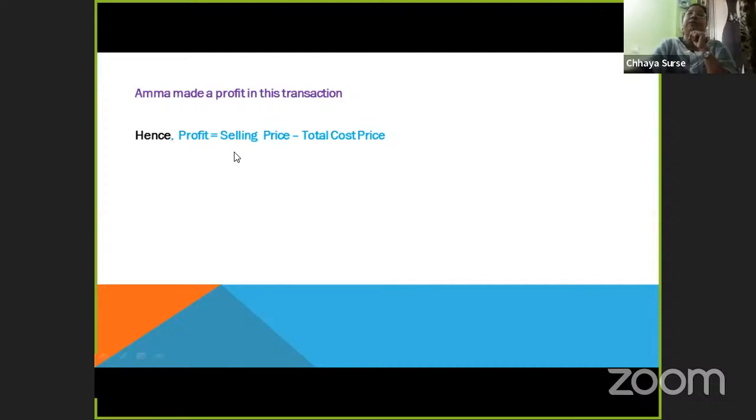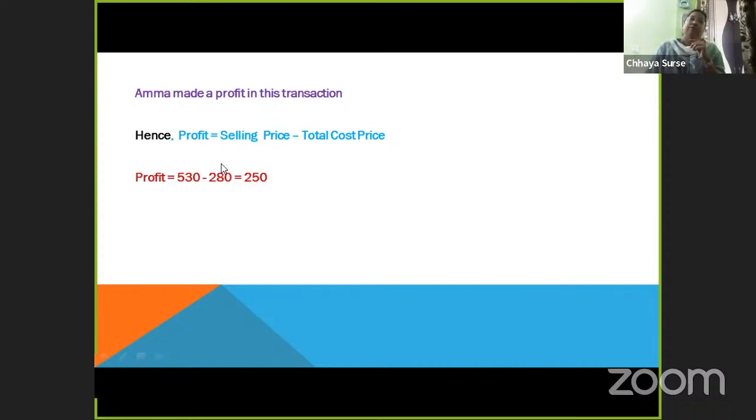But how many rupees profit? Now we find it with the help of the formula. This is the formula of profit: profit equals selling price minus total cost price. Because here Amma invested money for making idli, the total cost price.